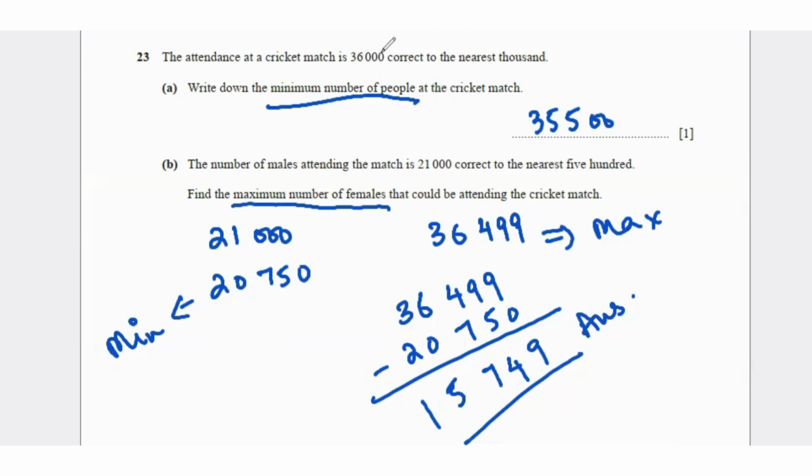So the maximum total attendance for us to get a rounded value of 36,000 would be 36,499. And the minimum value for males, already rounded to the nearest 500, would be 20,750.